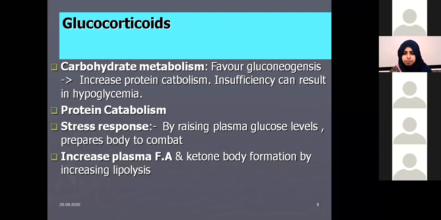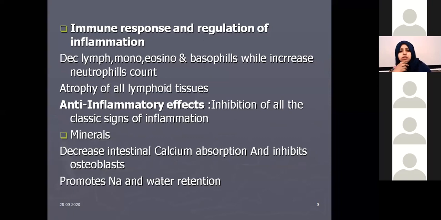There is a protein catabolism, and we all know that it has a role in stress, and it also increases plasma fatty acid and ketone body. Let's see what next it is doing. So it has a role in immune response and regulation of inflammation, and it is going to decrease lymphocytes, monocytes, eosinophils, and basophils, but it will increase neutrophil count.